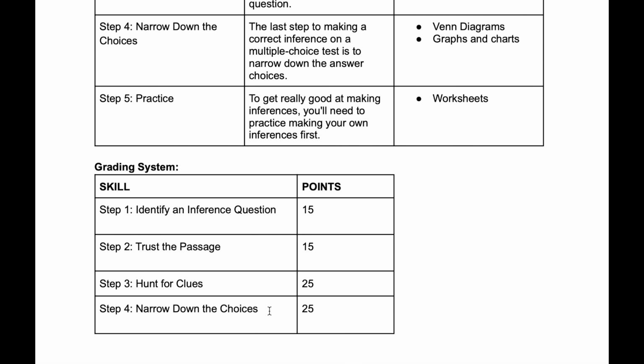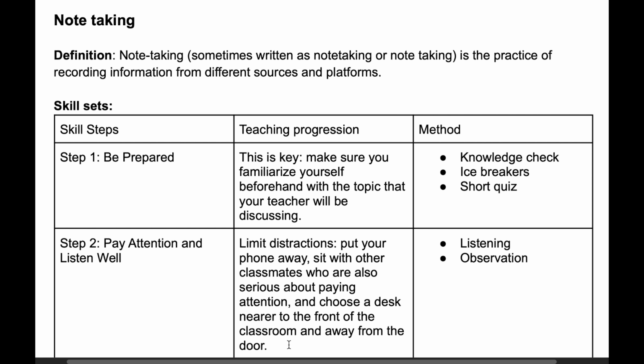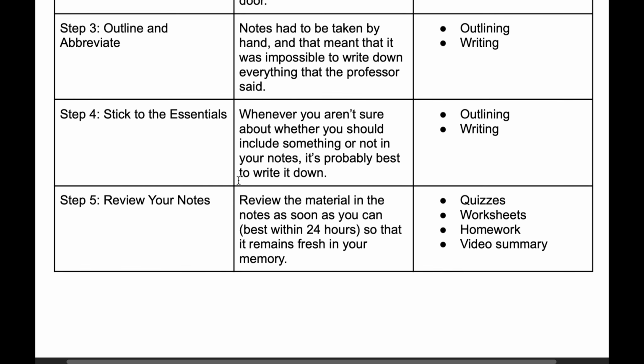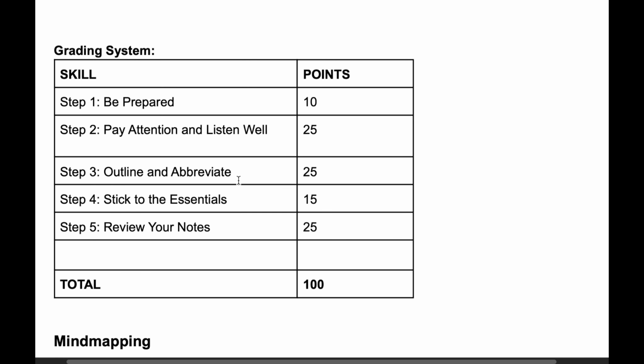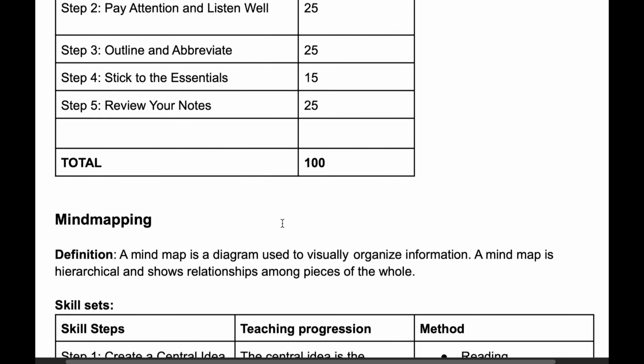The skills are also listed. Note-taking is another skill that we ask the students to do. Note-taking is the practice of recording information from different sources and platforms. There are actually 5 skills in total, and again, the grading system will differ.